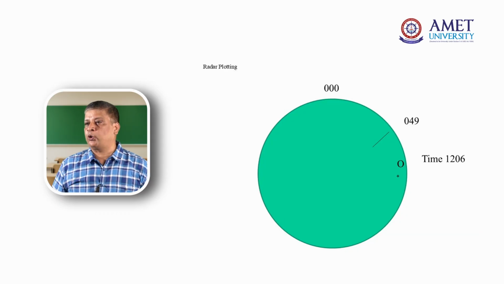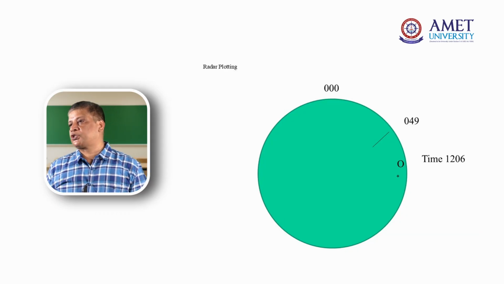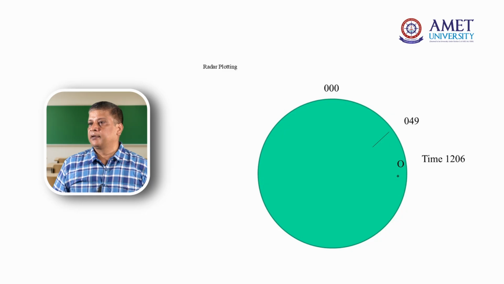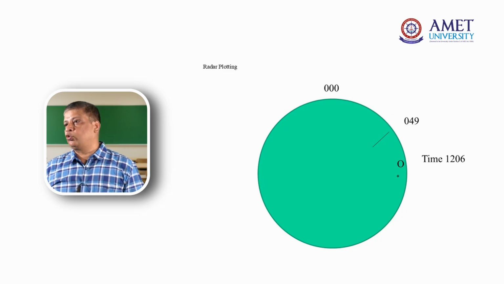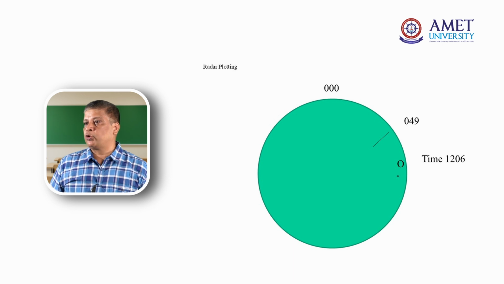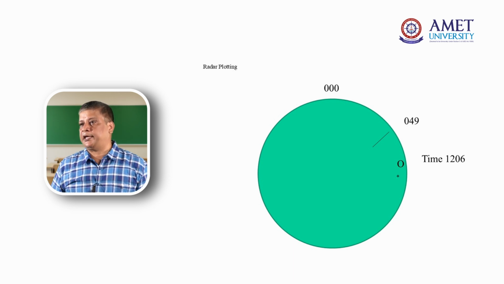Taking the bearing and distance of the target, we have started to plot. You can see a small star mark over there named O. From there we plot the position of the target at various times.